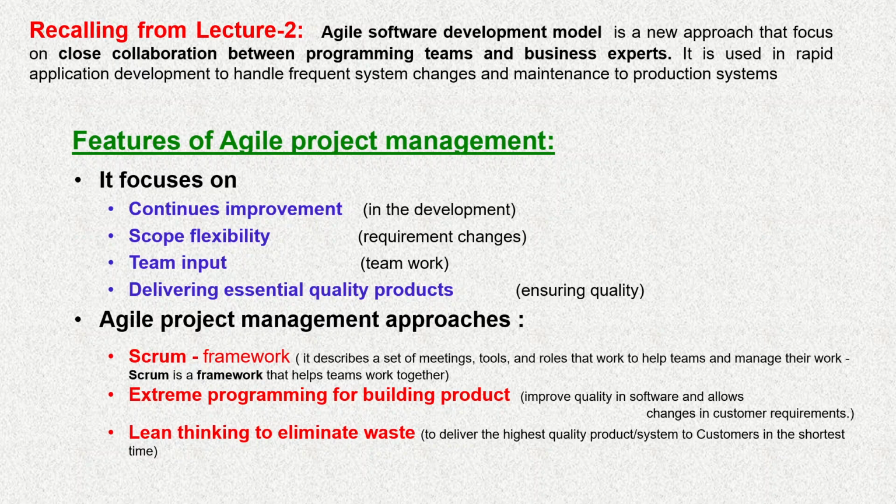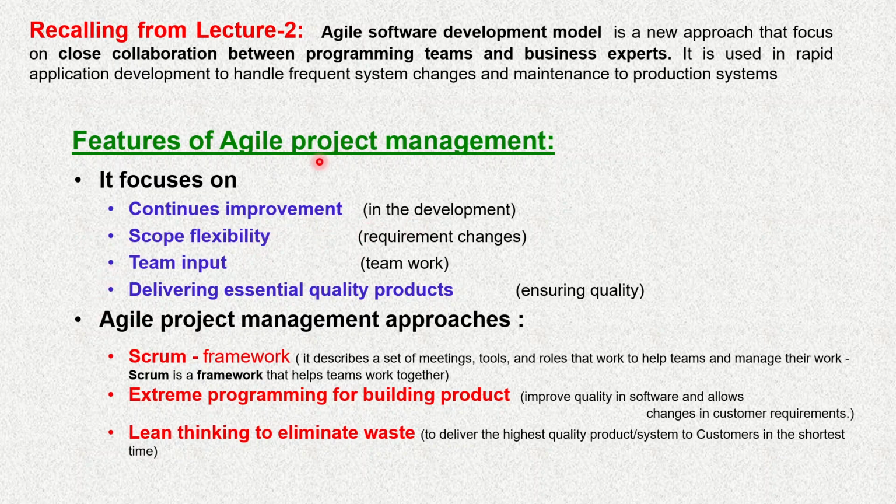Whenever things change, they keep adding features, so they are very open to improvement. Then scope flexibility: in our previous lecture we defined the scope of the project, but here the scope is flexible, meaning the requirements can change at any time. This is the flexibility Agile project management brings.